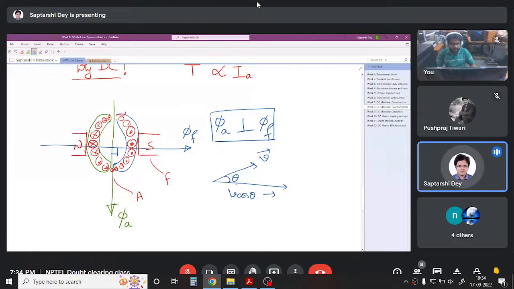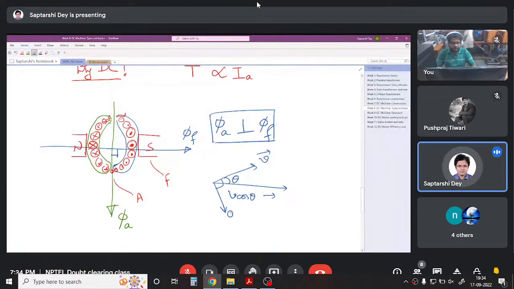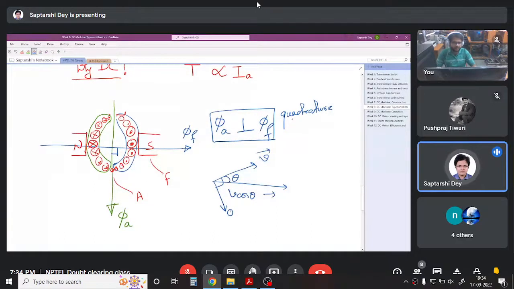So when you have a vector at its quadrature, that is 90 degree, you have 0. That is, a vector does not affect anything which is quadrature with it. In DC machine also, the two fluxes are at quadrature, perpendicular to each other. So armature flux and field flux do not affect each other.